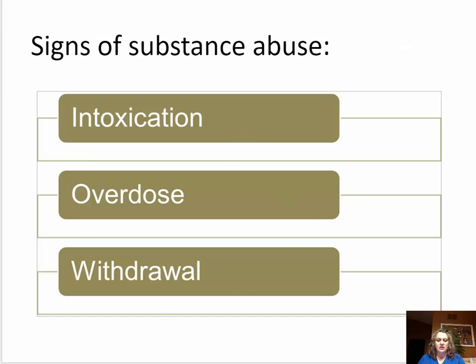Signs of substance abuse. This is in the many tables throughout the book. The tables are specific to the particular drug. So, for example, table 19-9 talks about the club drugs. 19-10 talks about the hallucinogens. 19-11 talks about dissociative drugs. 19-12 talks about inhalants.